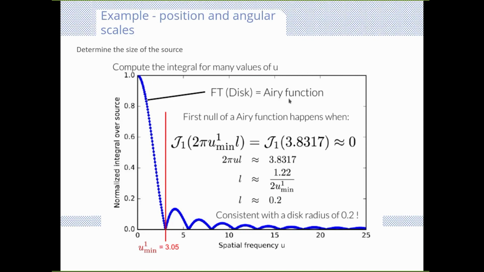So this is just a Bessel function of the first order of the first kind, right? Such a Bessel function has a first null at 3.8317, right? And if we plug in our dot product, so if we just constrain ourselves to one dimension for now, just to make this simple, if we plug in our dot product over here, that must be equal to the position at which this first null occurs, so equal to 3.8317.